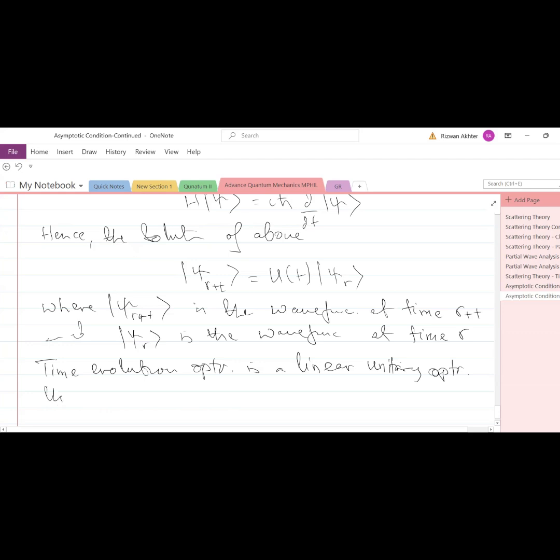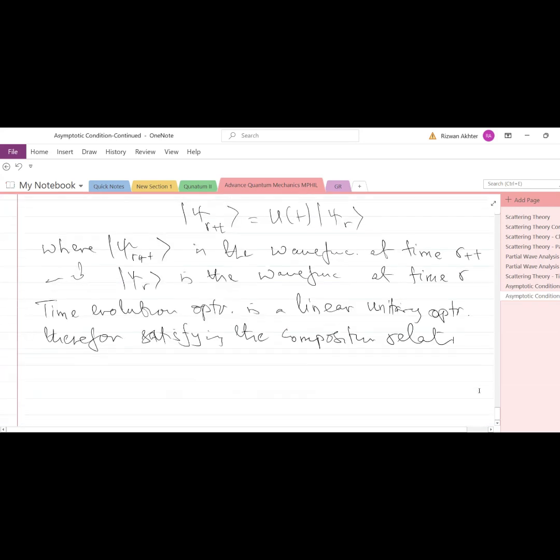Therefore it satisfies the composition rule, the composition relation. And what is that composition relation? U of t1 plus t2 equals U of t1 times U of t2.